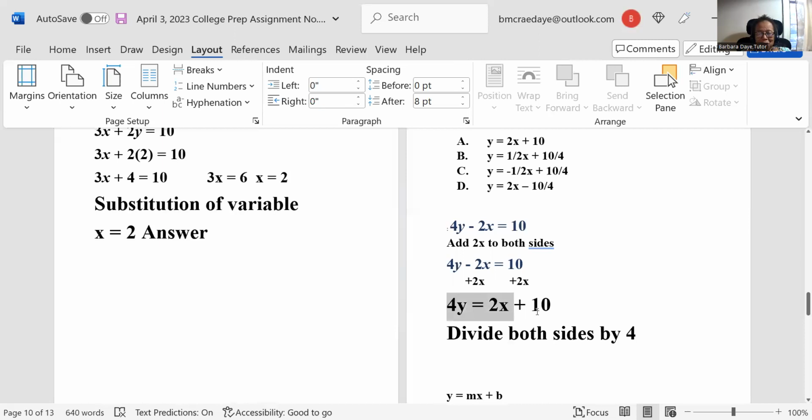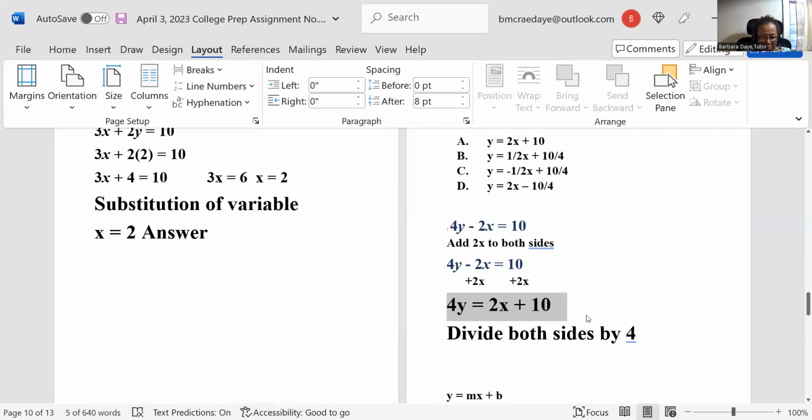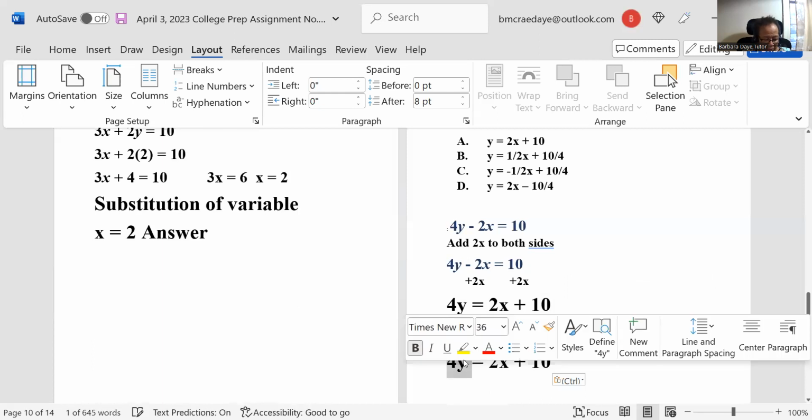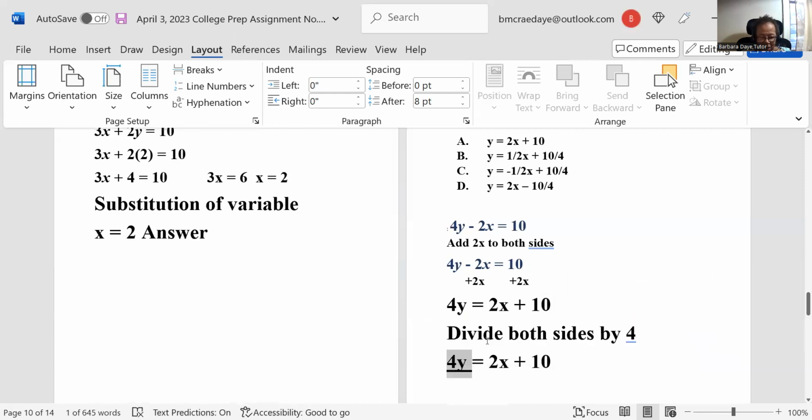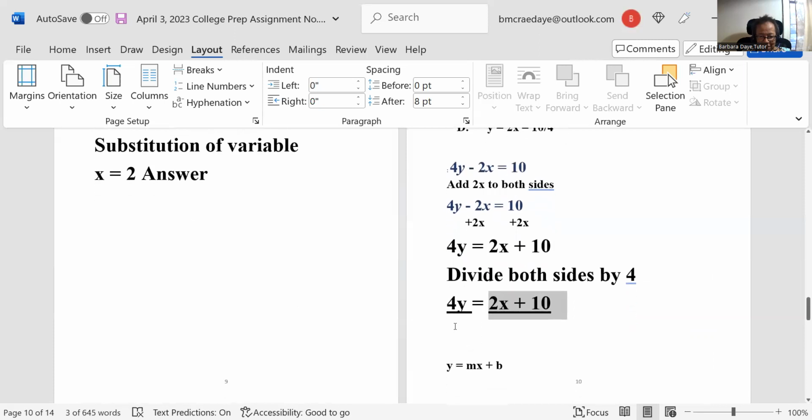So let's just copy this and put that 4 on both sides as a divisor. Okay, so on the right side, let's see, we want to put a 4. On the left side, we want to put a 4, and on the right side, we want to put a 4. Okay, there we go. Now put the 4 underneath on the left.